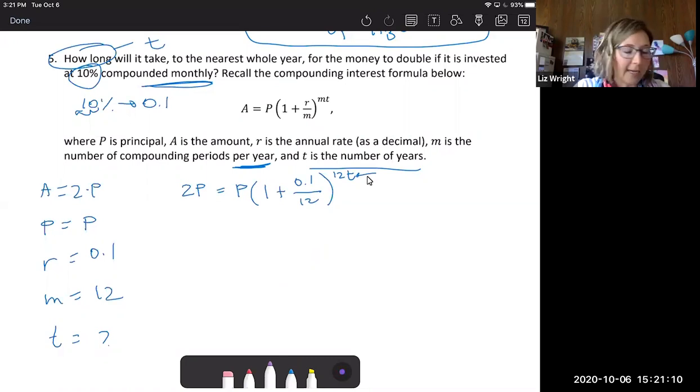All right, so let's first get rid of this P. We're going to divide both sides by P, and those cancel out. Awesome, we got rid of one of our variables. 2 equals, and now what I want you to do in your calculator is take 0.1, divide it by 12, then add 1 to it.